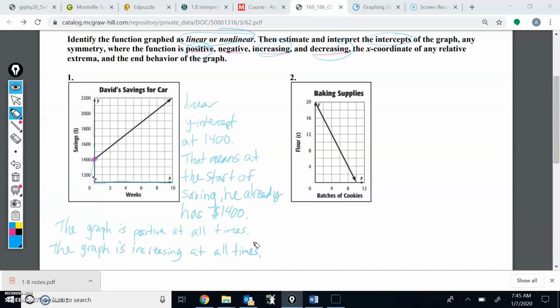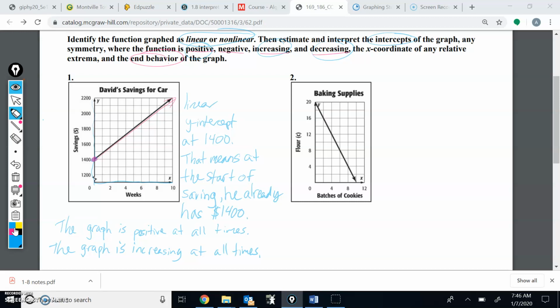And the last thing I want to talk about is the end behavior. What the end behavior means is, where is the graph ending up? At the end to the right, it looks like the graph is increasing to infinity. So as the weeks go on, he's going to keep saving more and more money.